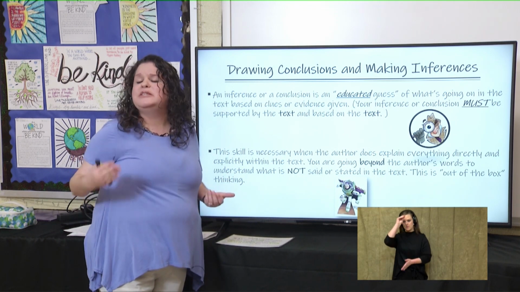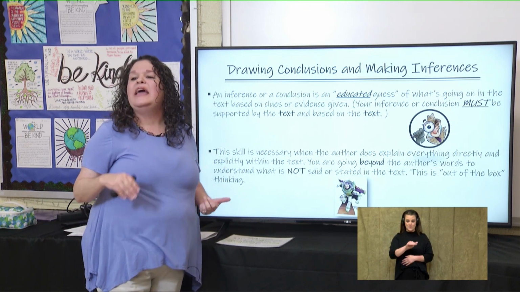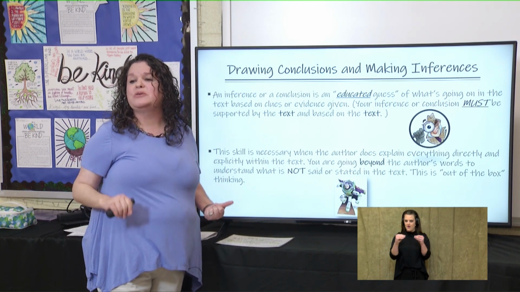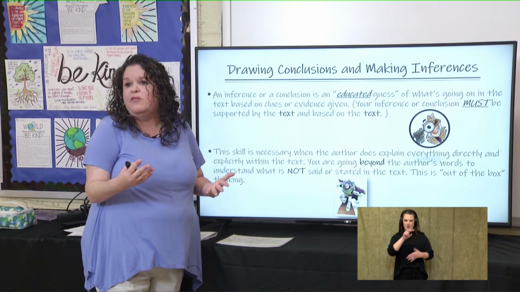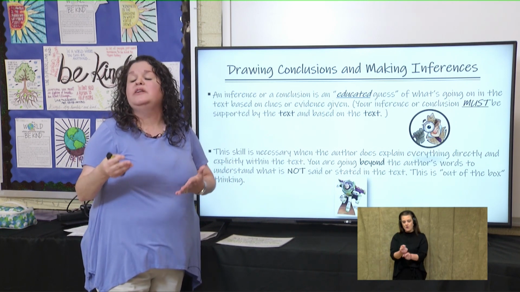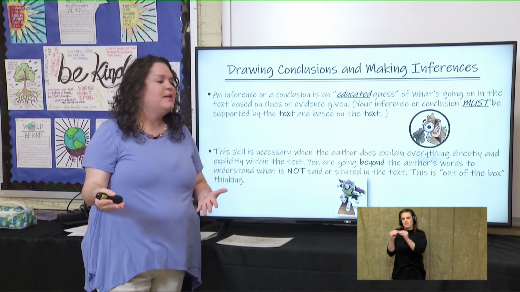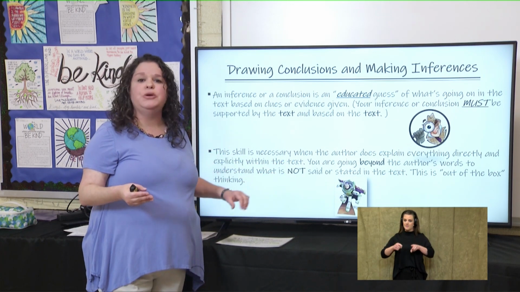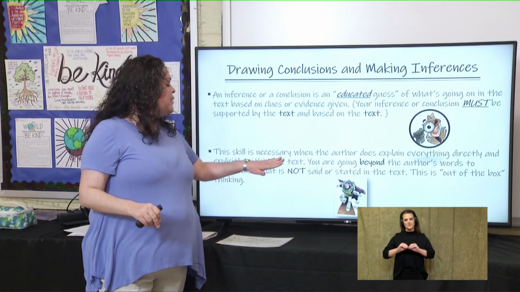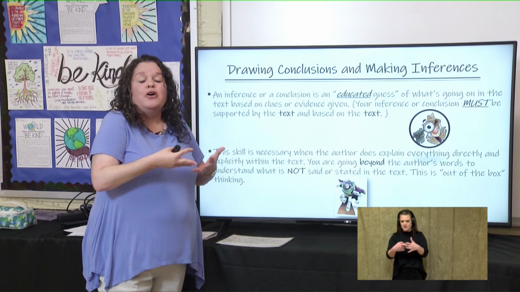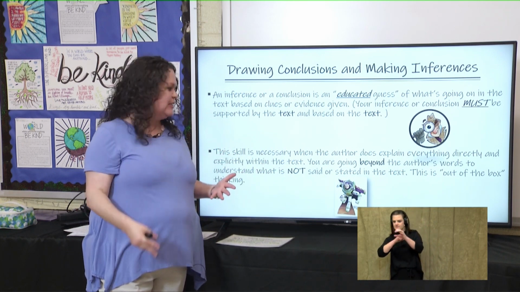As you've gotten older and encountered more reading texts, you've seen that the reading difficulty level has gotten harder, so to speak. So you have started to draw conclusions and make your inferences.